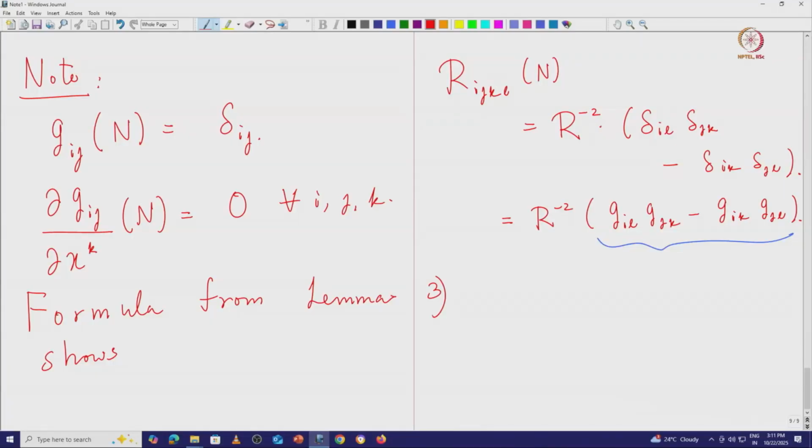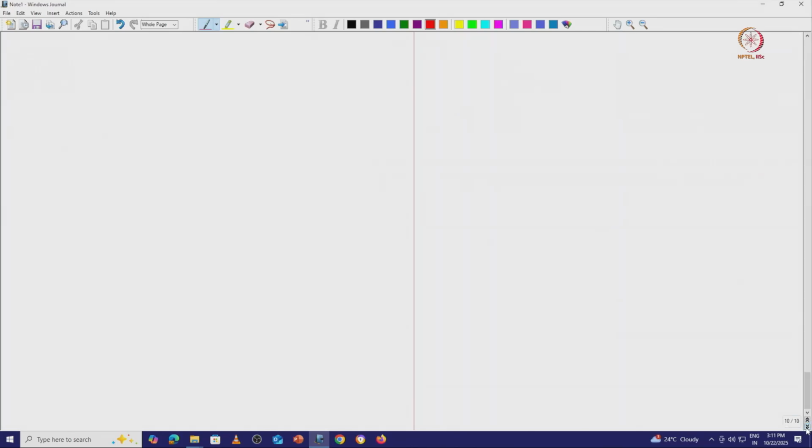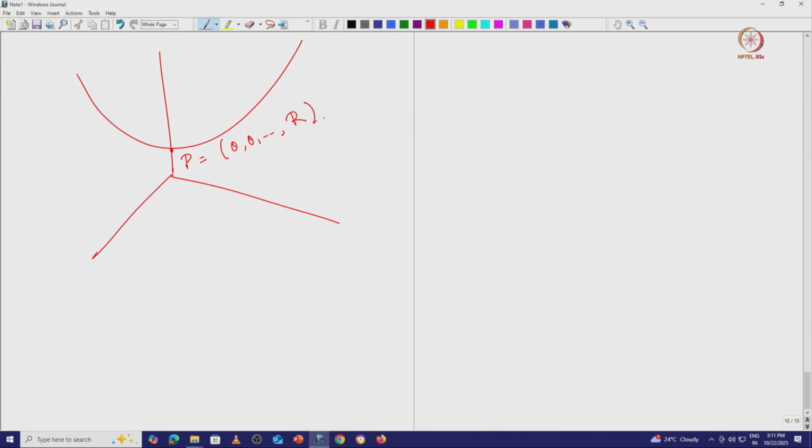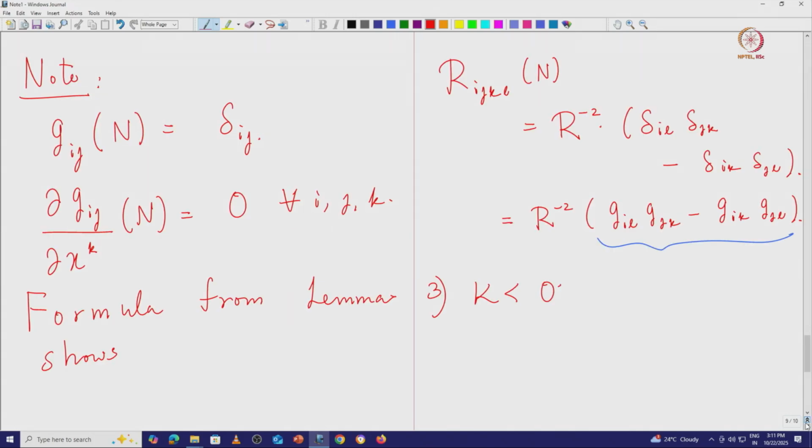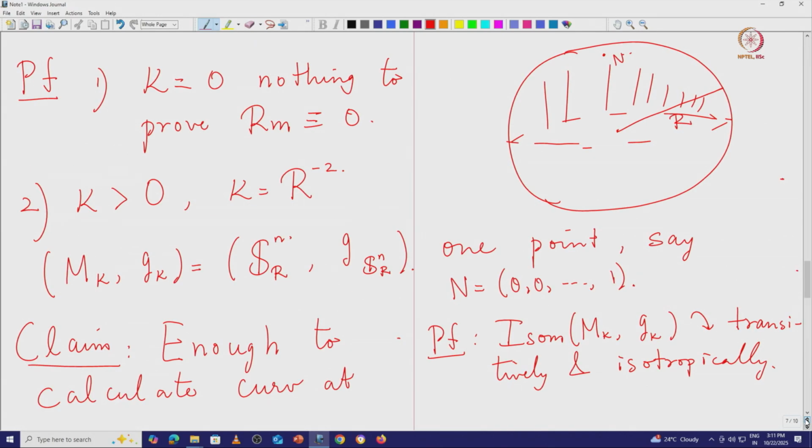Let me just quickly also indicate what you do when kappa is negative. You can do something similar. So in this case we are looking at the hyperbolic space. So the hyperboloid, the picture is something like this. Again you have a special point whose coordinates are given by 0, 0, etc. up to r. Oh, I think at various points, so maybe I should go back and say that the north pole has component 0, 0 up to r, right?